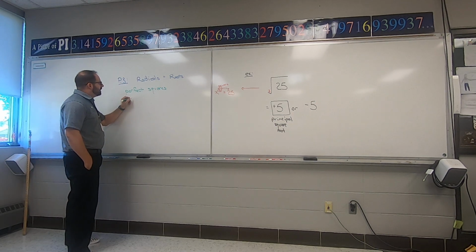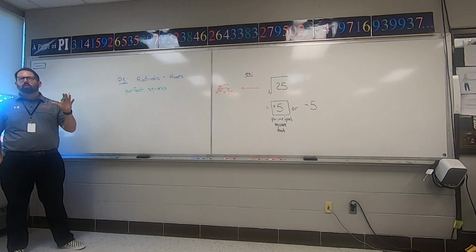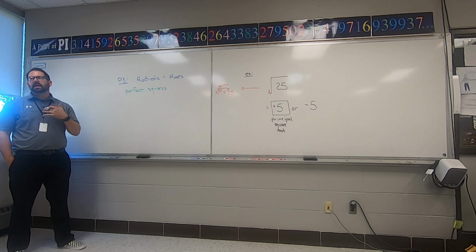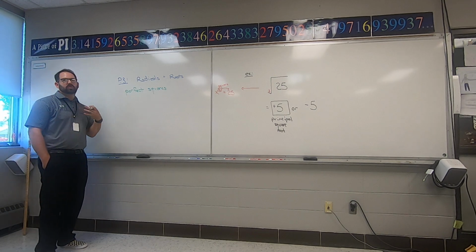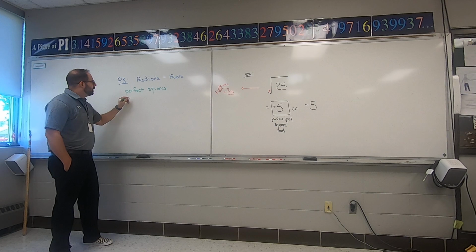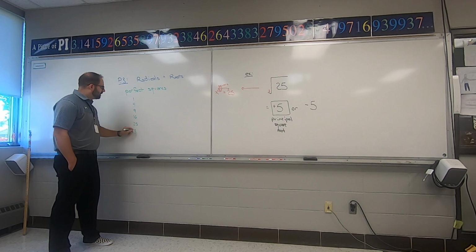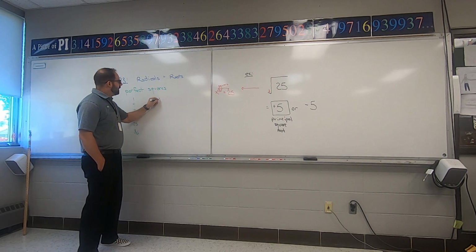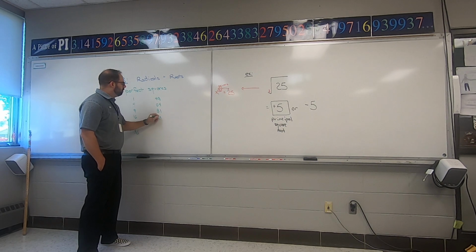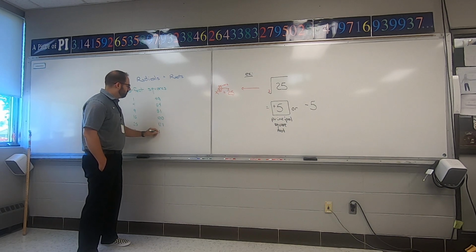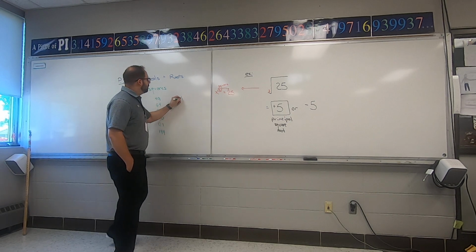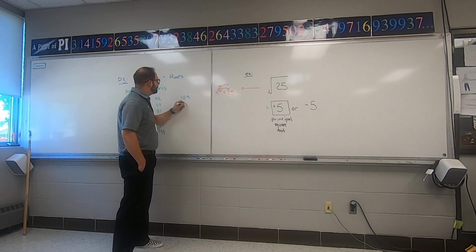So here's the list, and now this is in least to greatest, and there's infinite number of them. I'm just showing you the first 15 of them. So 1, 4, 9, 16, 25, 36, 49, 64, 81, 100, 121, 144, 169, 196, and 225.